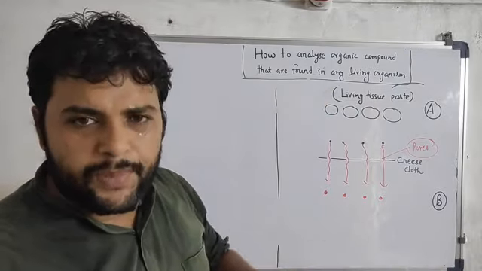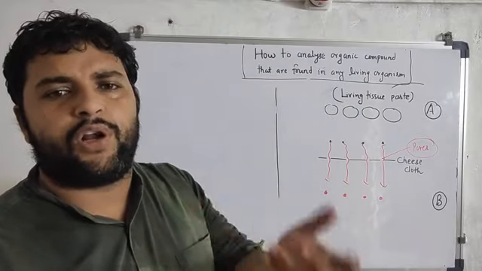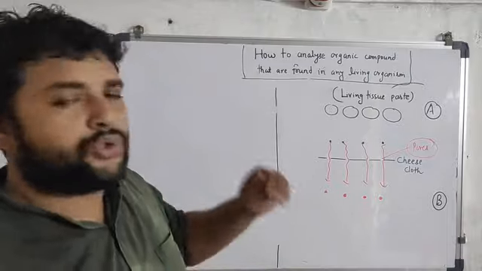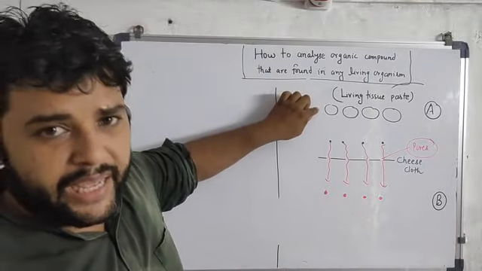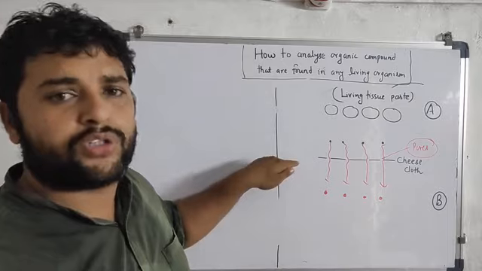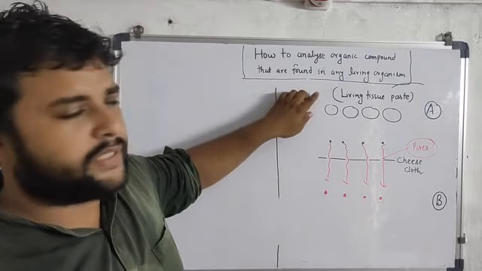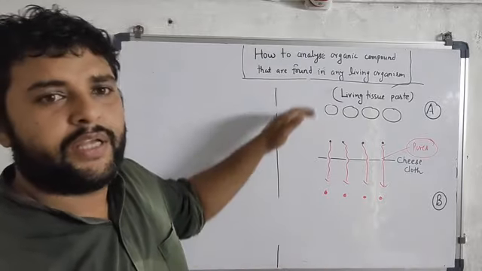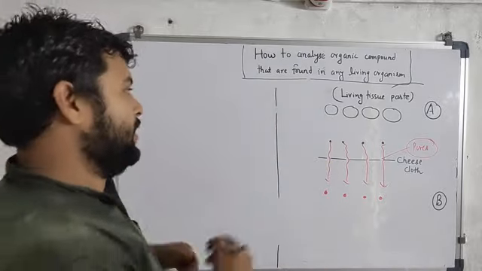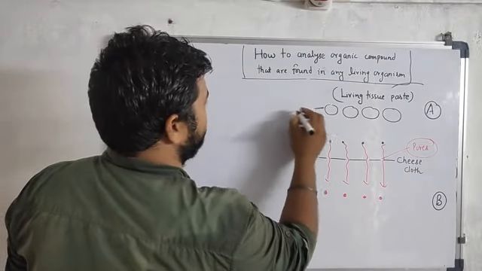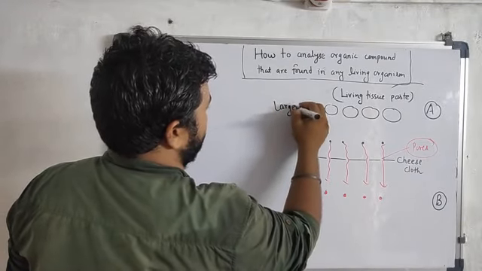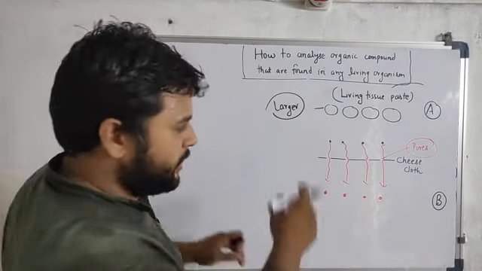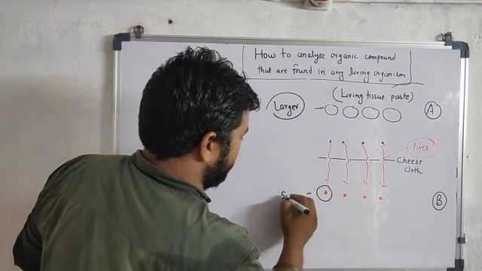So we can say that the smaller molecules can also be called micromolecules, and those elements whose size is larger than the pores of the cheesecloth on the A side cannot pass through, because their size is larger. The elements which pass through the cheesecloth have a smaller size.